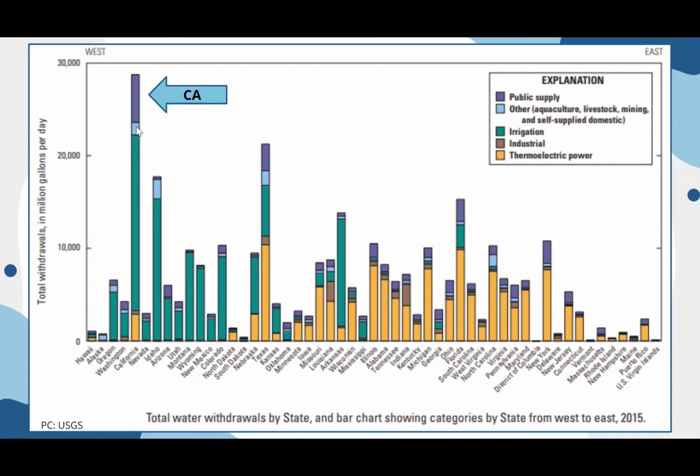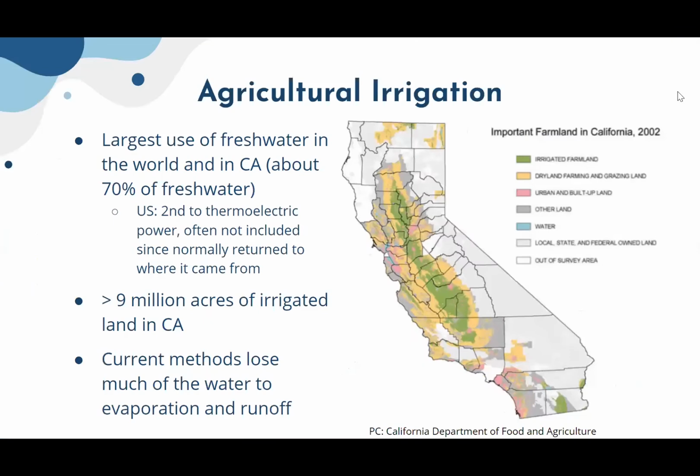And you can see in this bar, the majority of that water is used up by this green color, which in the key shows is irrigation. So now we're going to be talking a little bit about this agricultural irrigation, which takes up a lot of our water. And agriculture irrigation is actually the largest use of fresh water in the world.